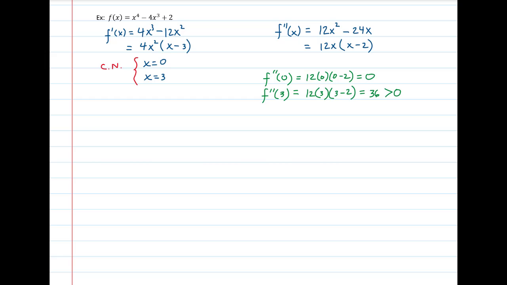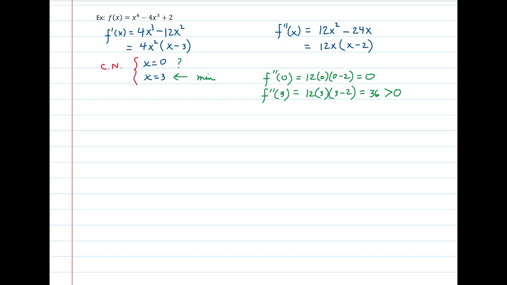Now, right away we can see 36 is greater than 0, so by our second derivative test, there's going to be a relative min right here at x equal to 3. But since the second derivative at 0 is equal to 0, by the second derivative test I can't conclude whether we have a relative min or relative max in here.